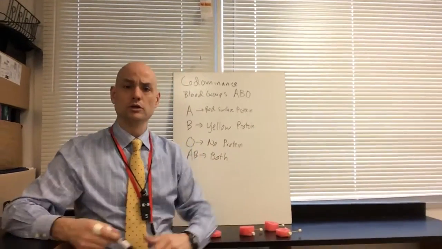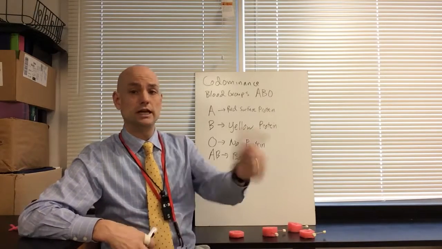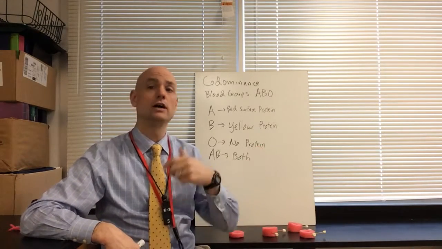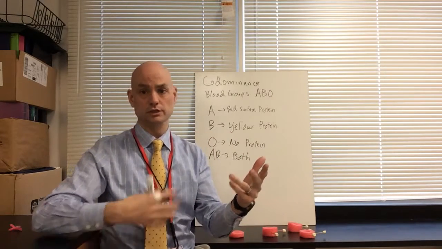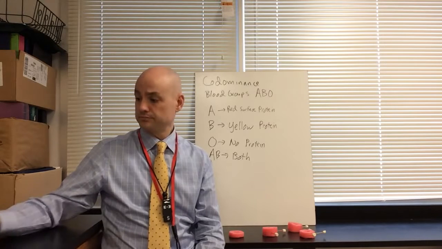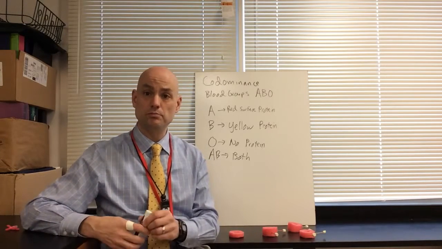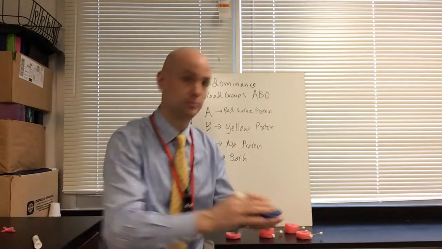All right, so it works like this. You've got 3 different alleles. You've got an A allele, you've got a B allele, and you've got an O allele, which is a lack of one. All right, so if we took someone who is A and crossed them with someone with B, let me show that possibility here.